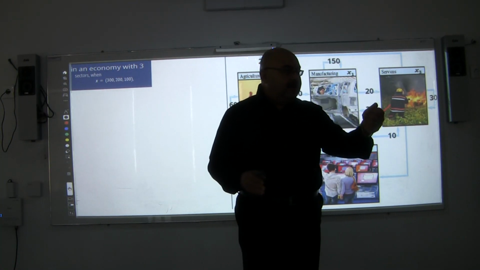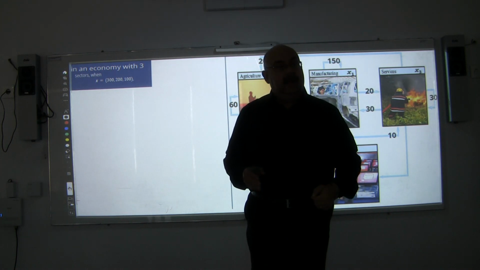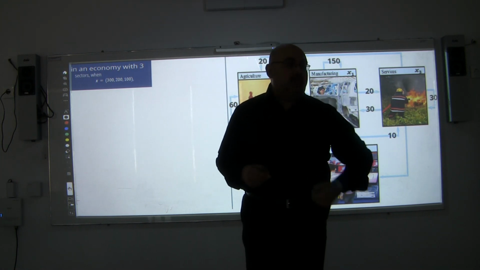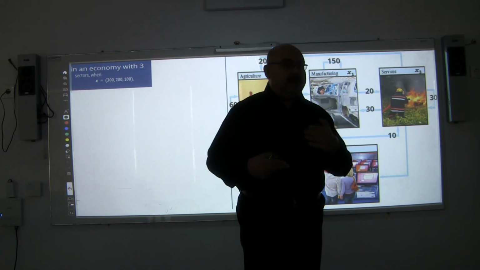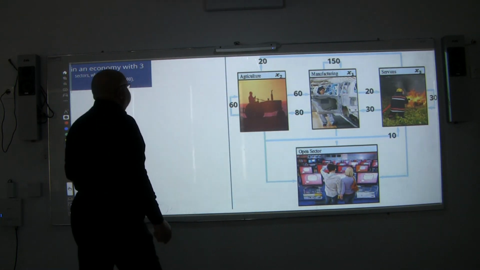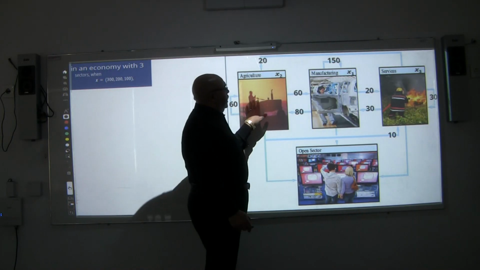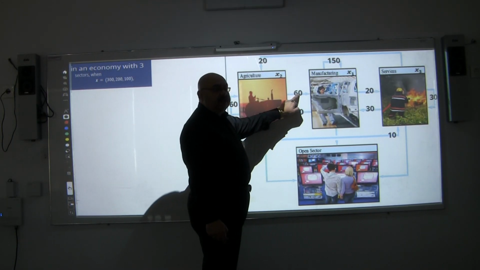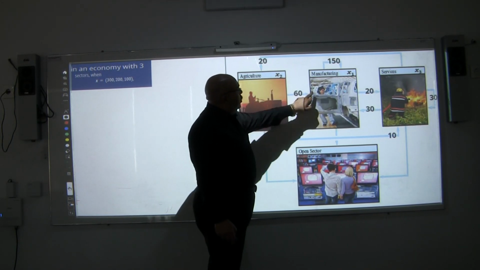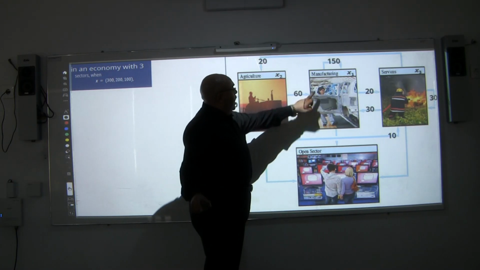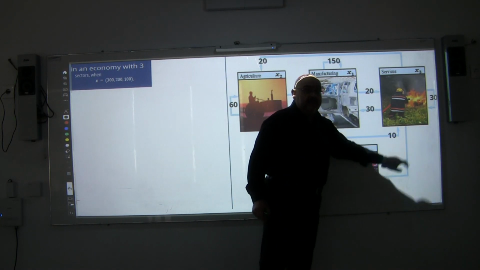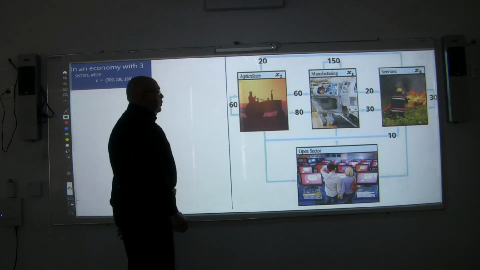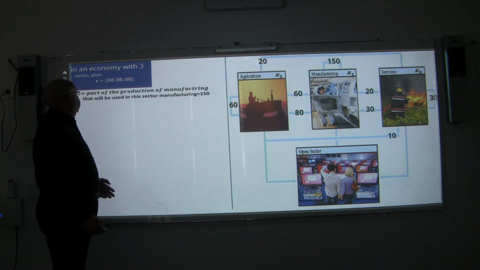That's what I'm going to exhaust in keeping this planet going. Do you understand what I'm saying? Also, agriculture will send 60 units from its total production to be exhausted in manufacturing, and it will also send 10 units to services. So if you add them all together, you will get the final demand.